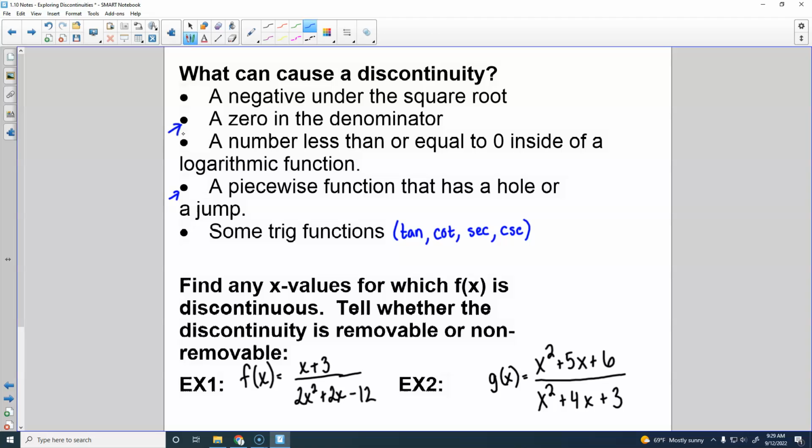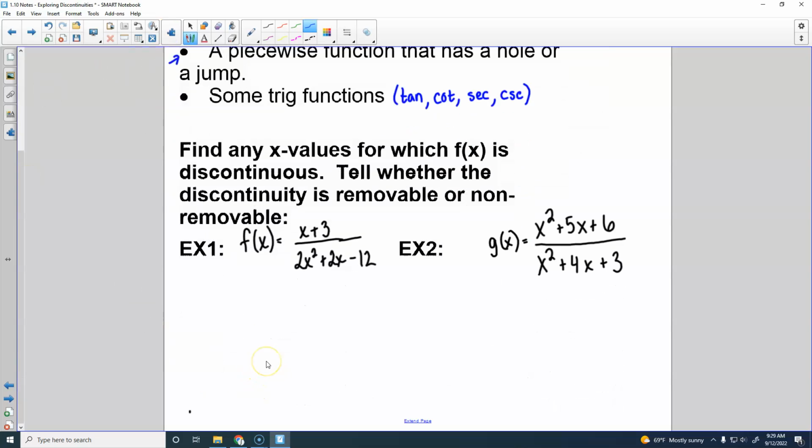So what you're going to be asked to do today is to look for discontinuities and tell whether they're removable or non-removable. Okay? We did this some in pre-cal. Does anybody remember what makes a discontinuity removable when we're talking about rational functions, like we see here for number 1?